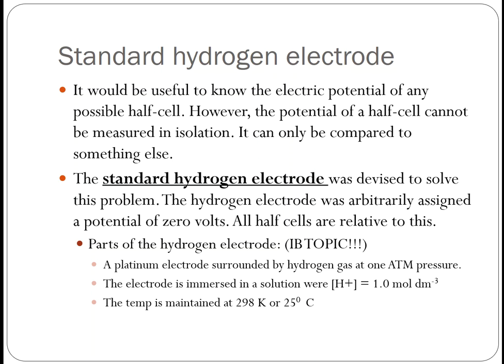So to allow this electrode to be conductive, you have to use a platinum wire, which is really unreactive. You surround it by hydrogen gas at 1 atmosphere pressure. You dip the whole business in an acid solution where the hydrogen ion concentration is 1, and you maintain the temperature at 25 Celsius, or 298 Kelvin.